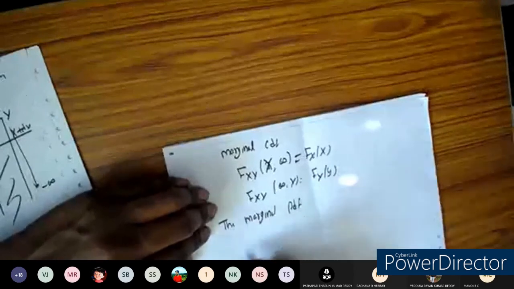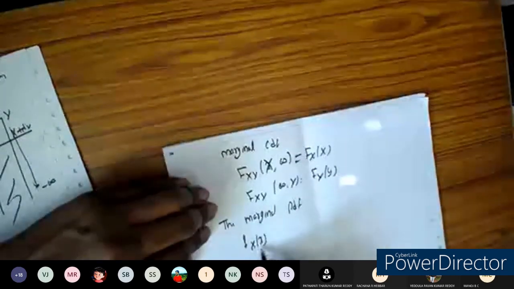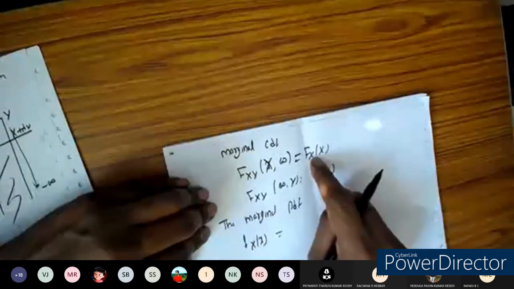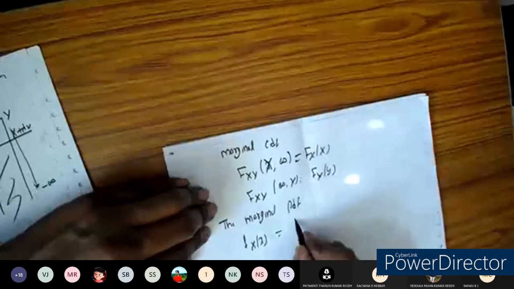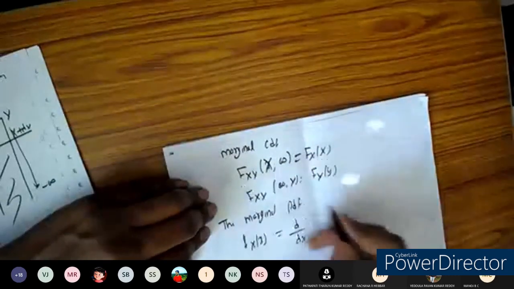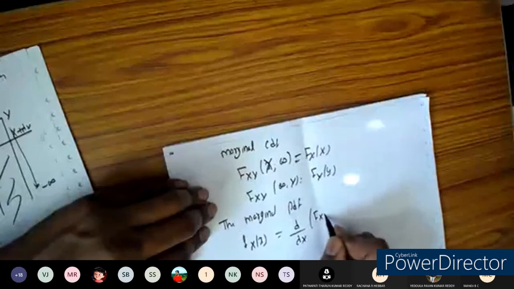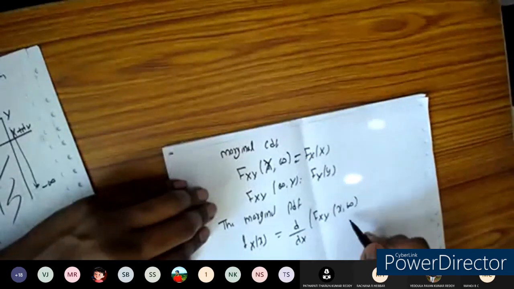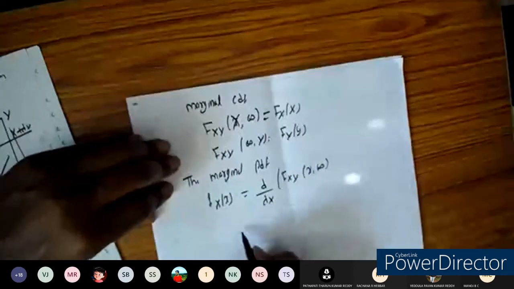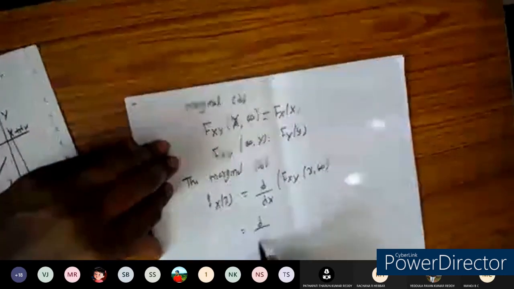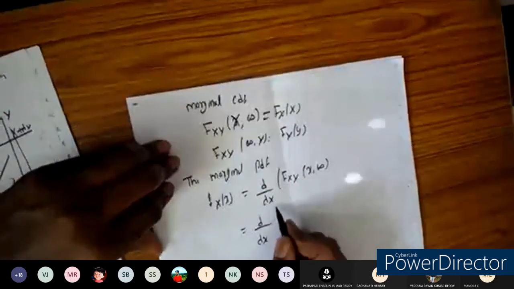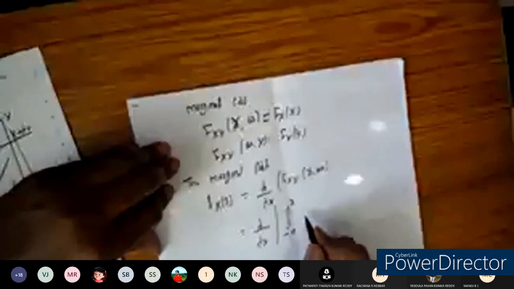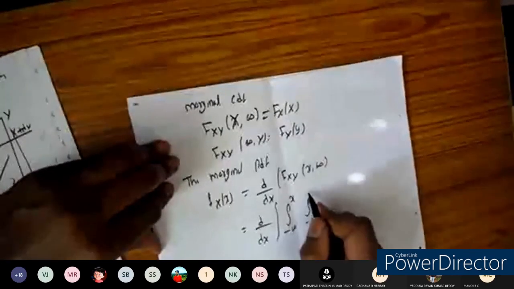So f_X(x) can be obtained from this by differentiating: d by dx of F_XY(x, infinity), where the integral runs from minus infinity up to x, and the upper limit for y is infinity.